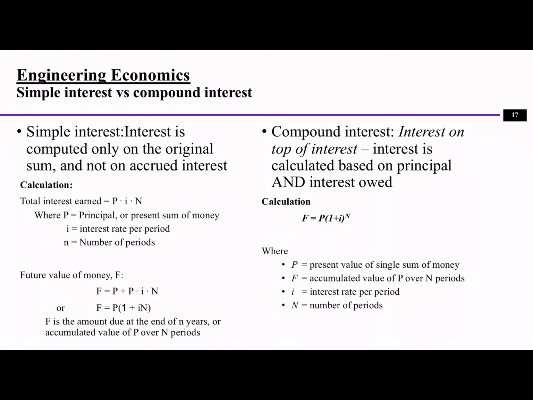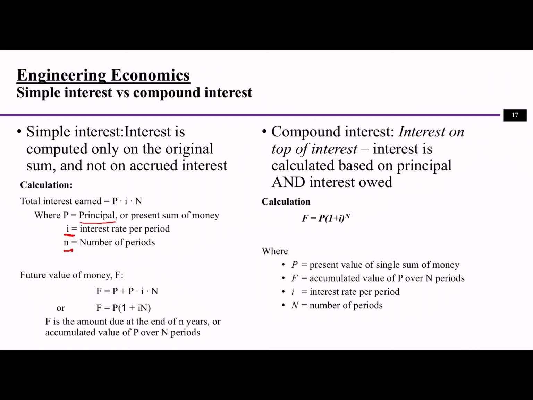For example, we have an initial value. We call it principal, right? We use P to denote that, or the present sum of money, how much money we have. And then there's the interest rate per period, say 10% or 5% or 2%, whatever you have.